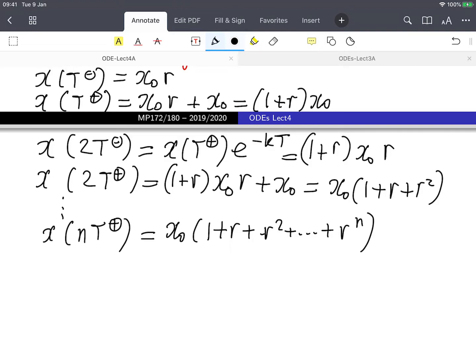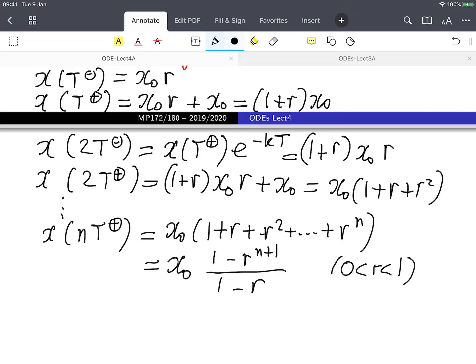There it is. The sum is going to be x0 times 1 minus r to the power n plus 1, over 1 minus r, remembering that r is less than 1.